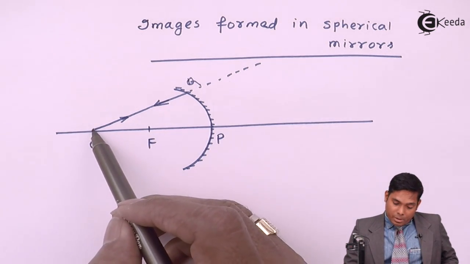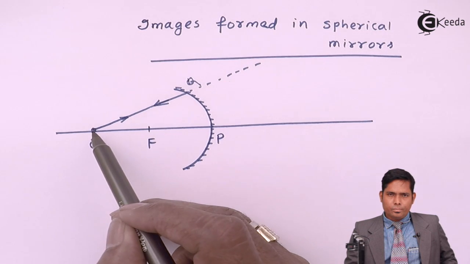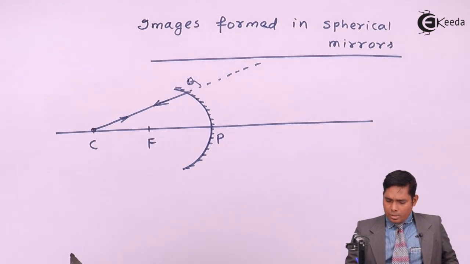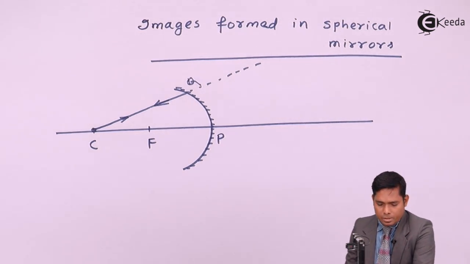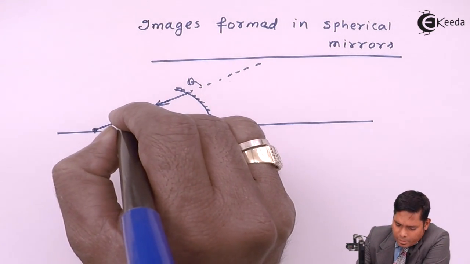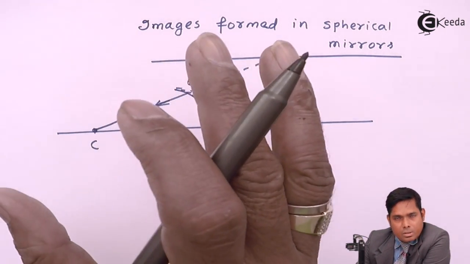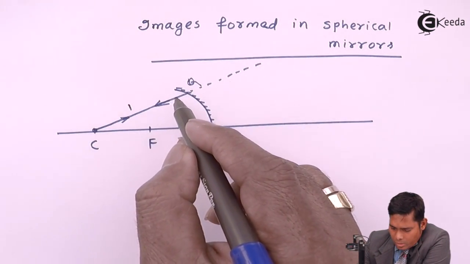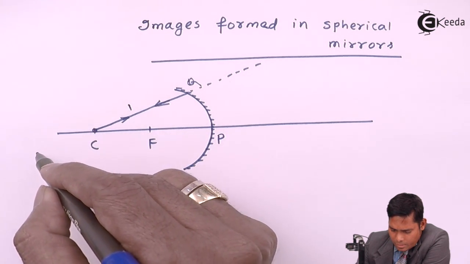So if I have a point object over here, then the image will also be formed here. If I call this ray number 1, then in the first situation your reflected ray will pass through like this.